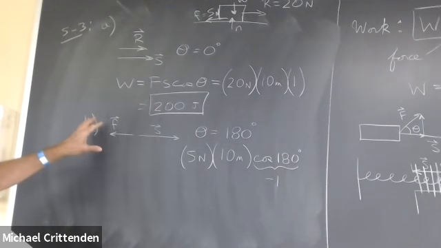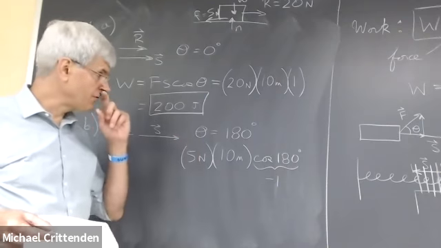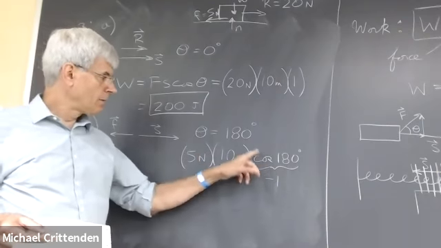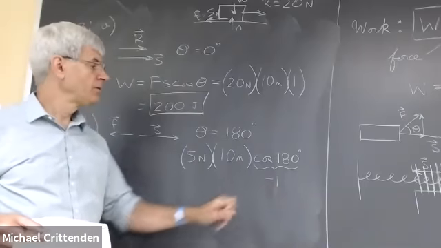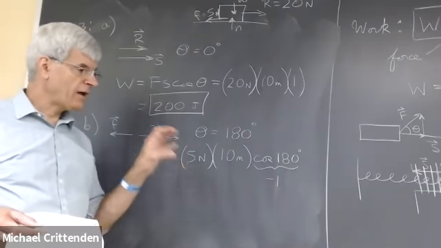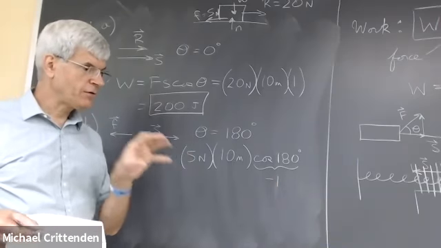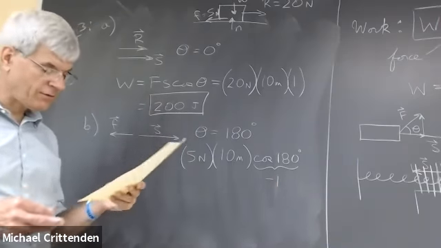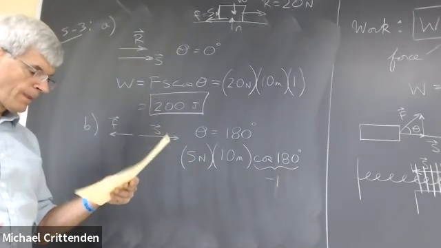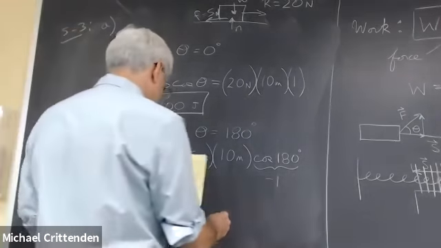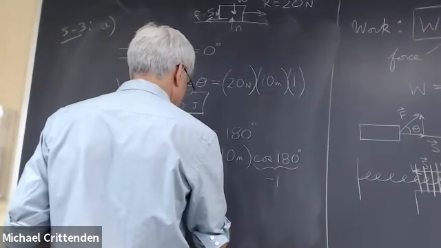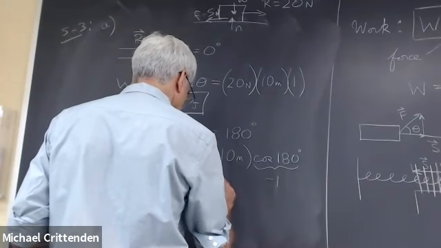So if you're going to calculate work done by a friction force, the cosine factor is always -1 for friction. So minus the force times the distance is going to be the work done by friction. So you multiply this out and it's -50 joules.